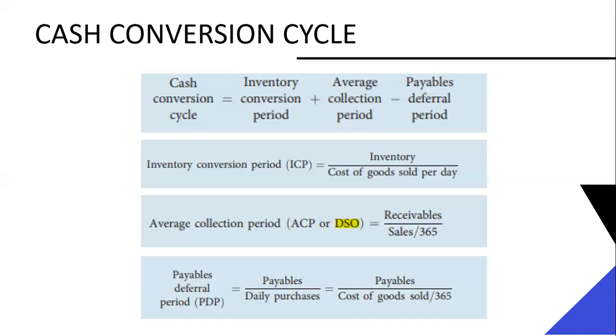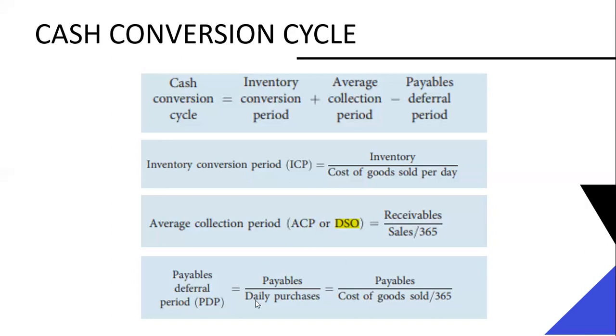And how do you calculate each of these three components of the cash conversion cycle? Well, these are the formulas for each one of them. For the inventory conversion period, you basically take inventory divided by the cost of goods sold per day. The average collection period, also known as the DSO, is calculated as receivables divided by sales divided by 365.